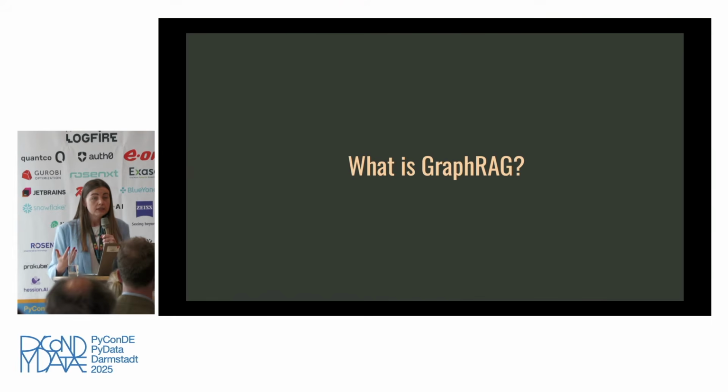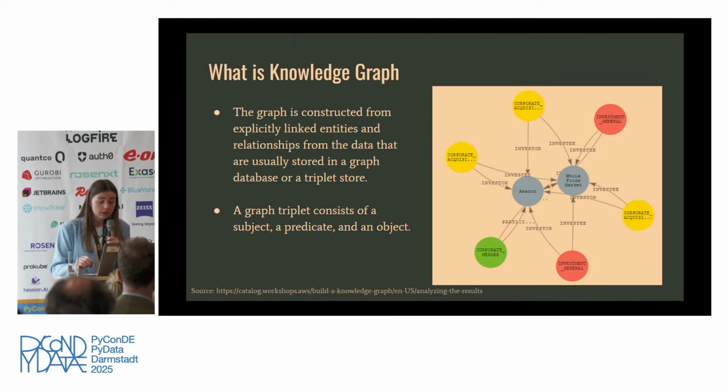So this is what brings us closer to graphs. First, I wanted to talk about what a graph itself is. A graph is constructed from explicitly linked entities and relationships from the data, and it can be stored in a graph database or some kind of triplet storage.